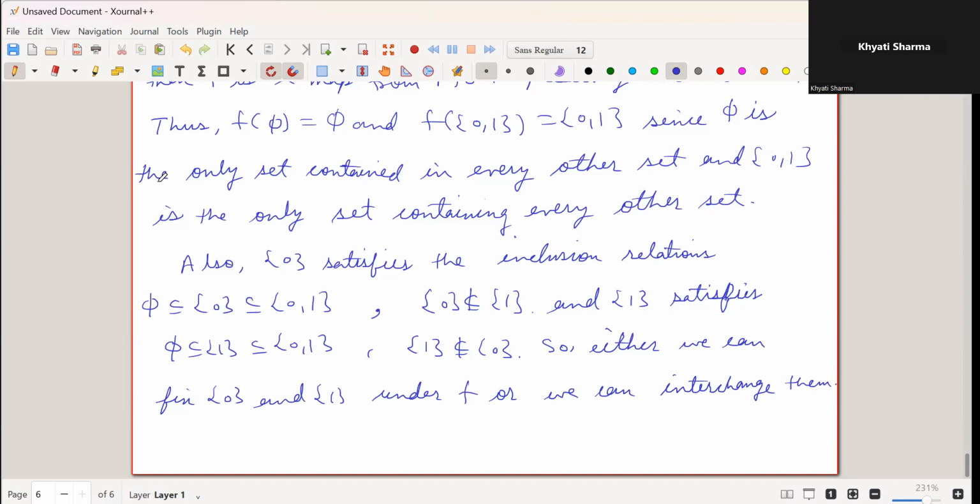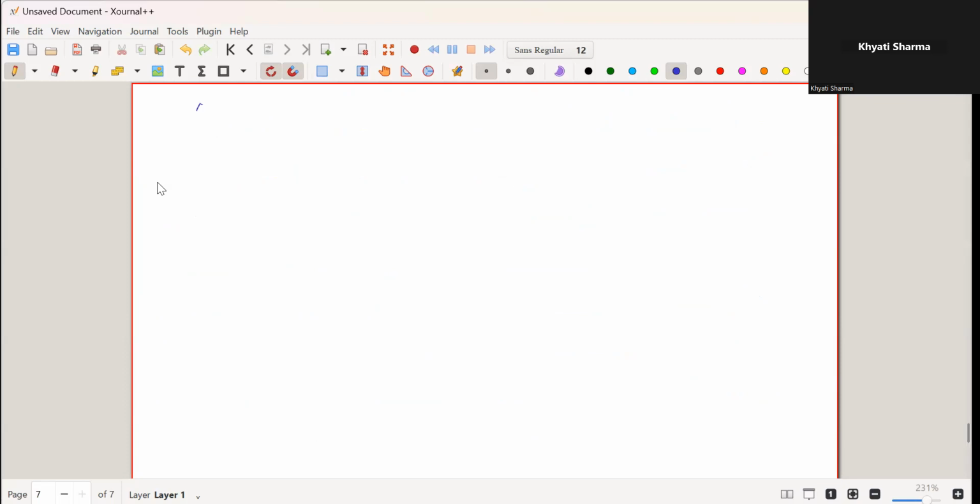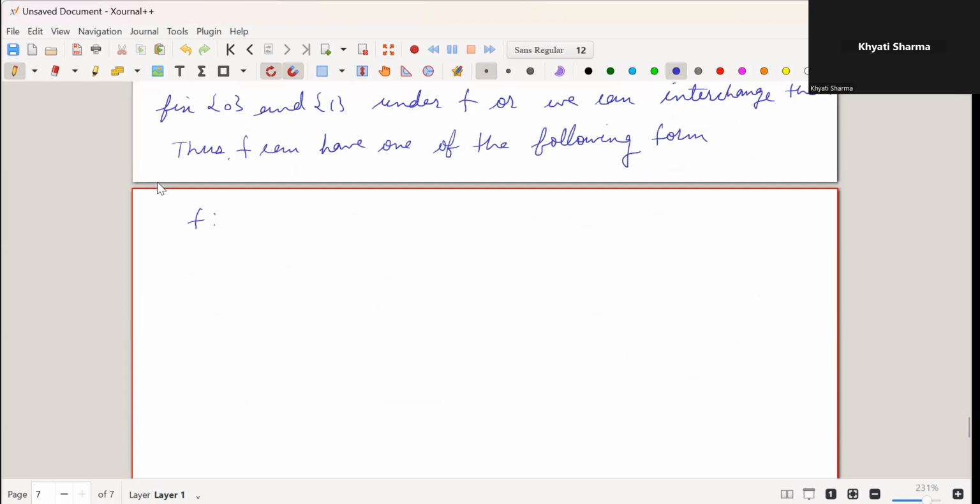Okay, so there are two possibilities, and thus f can have one of the following types.